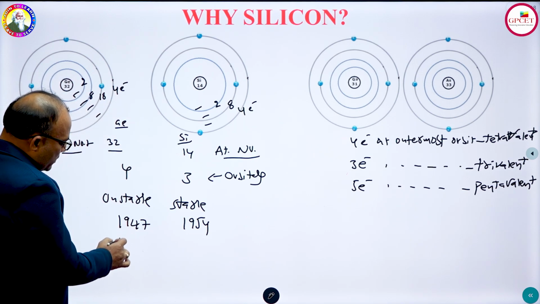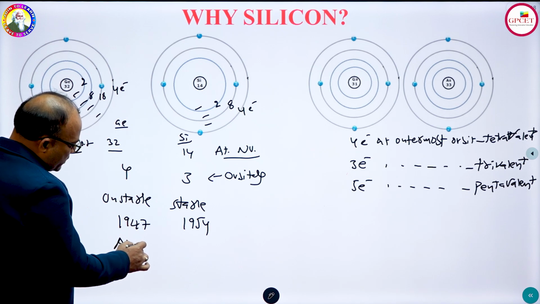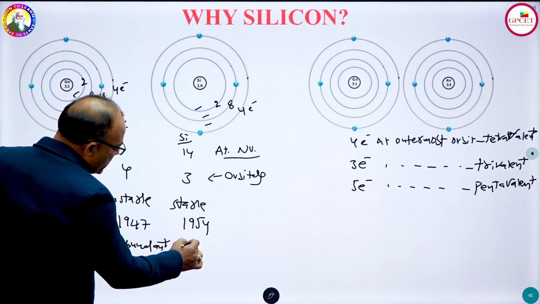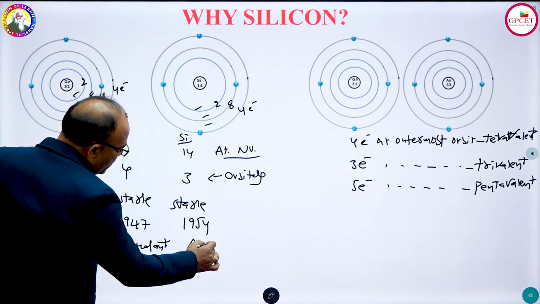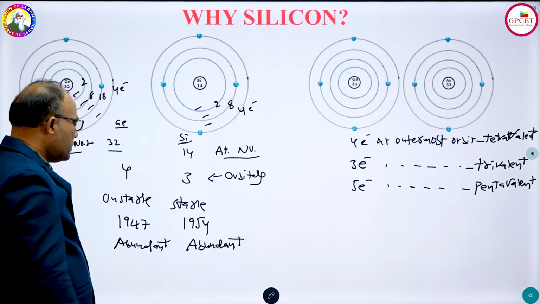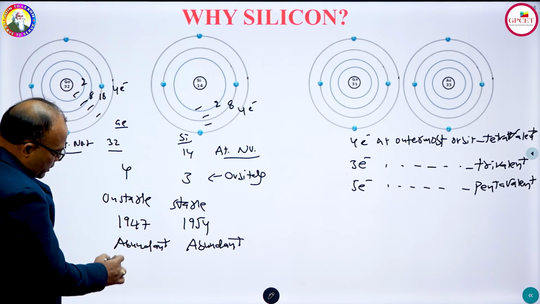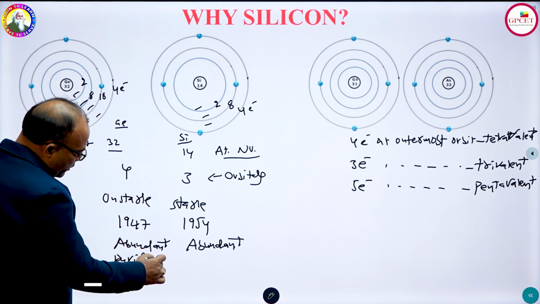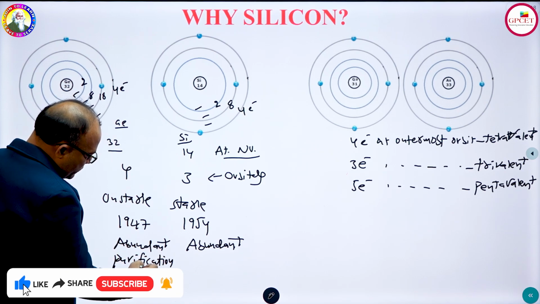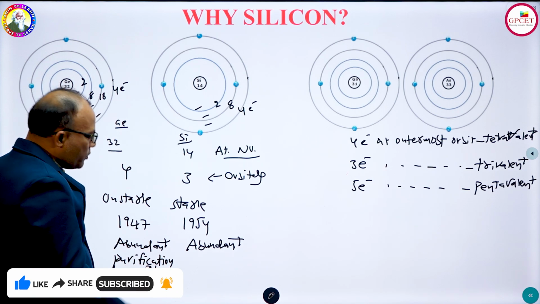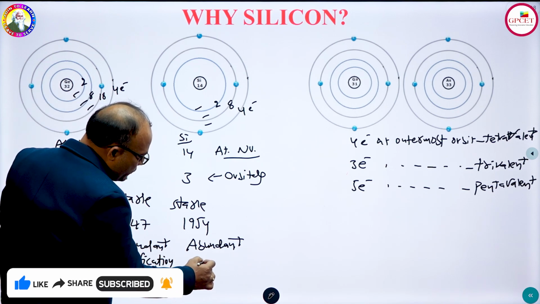Germanium material is abundantly available on Earth's surface. Silicon material is also abundantly available on Earth's surface in the form of sand. But here the purification cost is less. Germanium material can be purified at less cost, whereas purification cost is very high for silicon material.